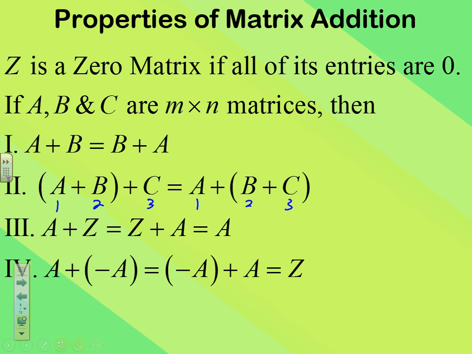On the left side, I'm going to say 1 plus 2, which will give me a 3. And I'm going to add the other 3 to it, which gives me a 6. On the right side, the order of operations says do the stuff in the parentheses. The 2 and the 3 gives me a 5, and then I add the other 1, and I still get a 6. The associative property of addition doesn't change the answer if I change the way that they're grouped. And that's what this is telling you.